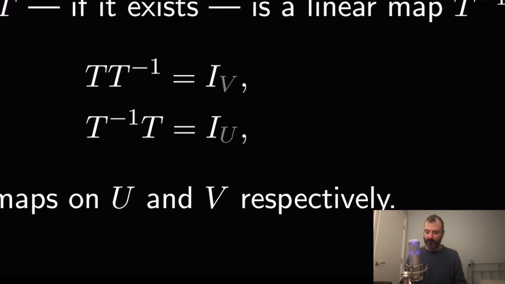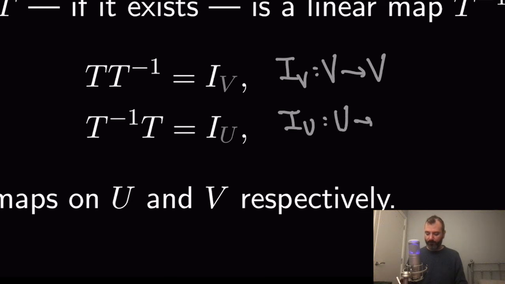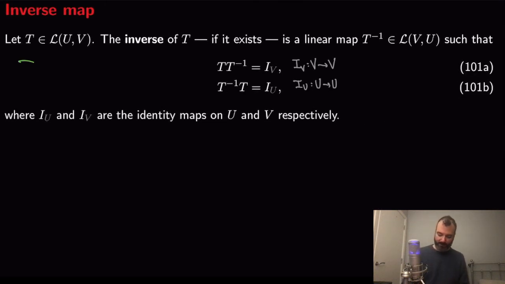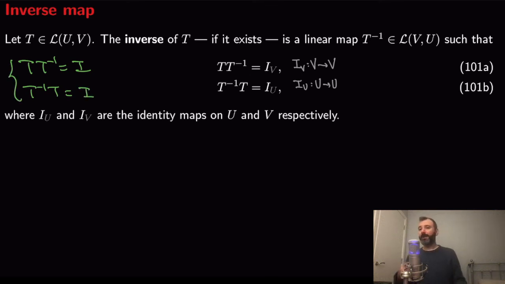So what is I_V? I_V is the identity map from V to V. And I_U is the identity map from U to U. I have written these in gray color because mainly I want you to remember it like this: T T minus 1 is I, T minus 1 T is equal to I, which is exactly how we defined the inverse of a matrix, in the same way we're defining the inverse of a linear map.